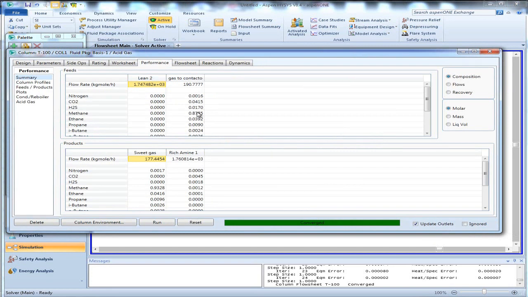This is the mole number of hydrogen sulfide and carbon dioxide in the gas to contractor. And when we look at the sweet gas, these two components are gone. This means the absorption is quite efficient.